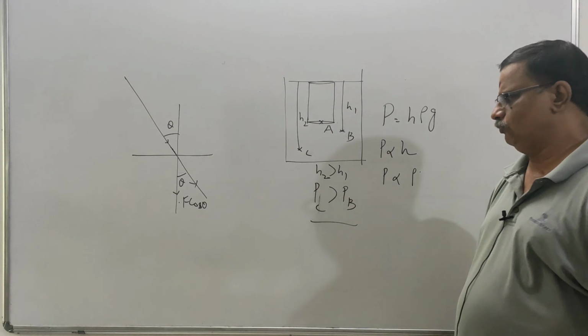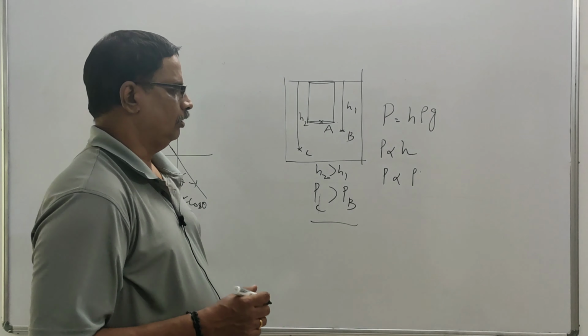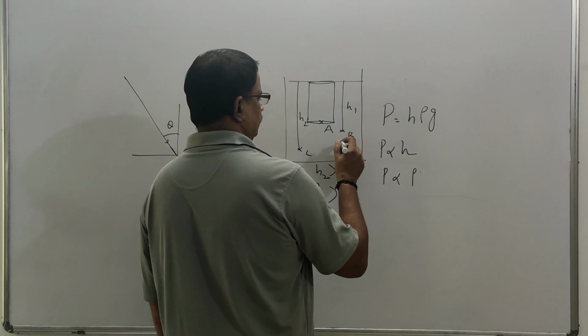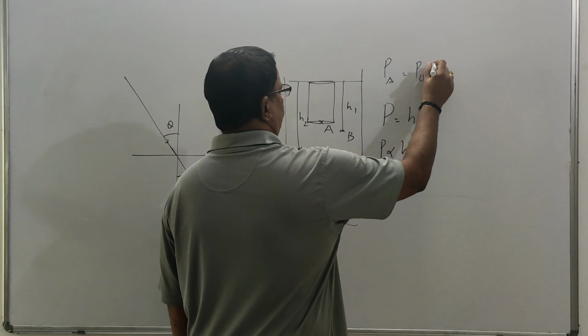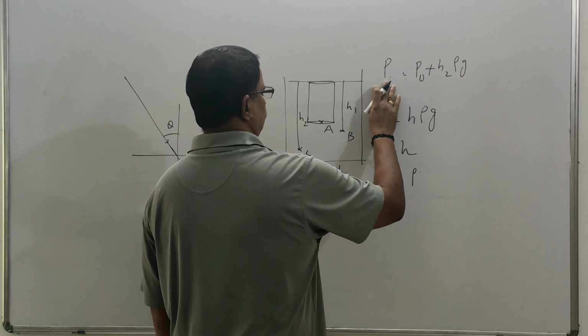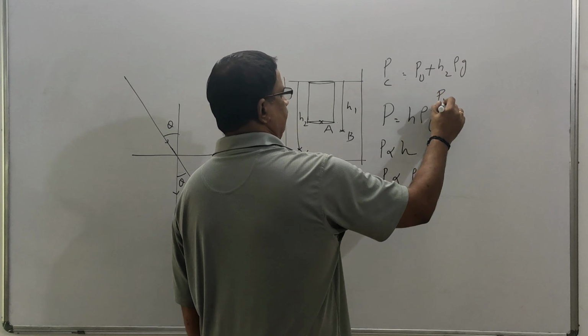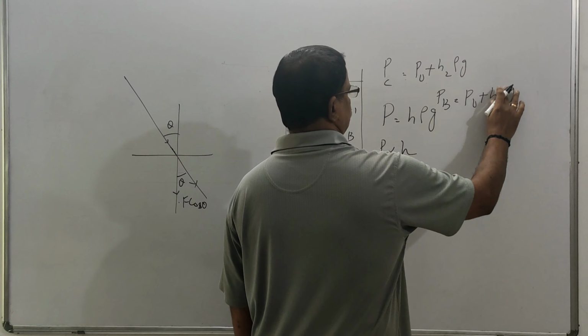Now if somebody asks you what is the total pressure here, you may have to add the atmospheric pressure also to this term. So the total pressure at the point C will be P0 plus h2 rho g, and the pressure at B will be P0 plus h1 rho g.